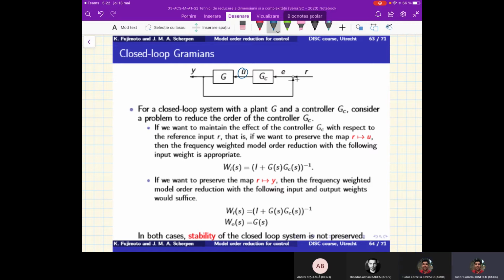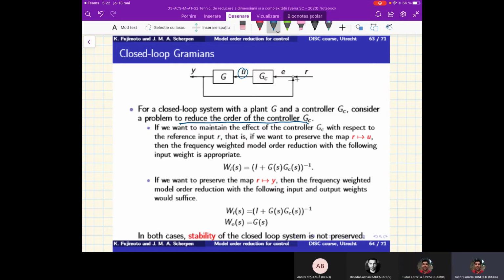For a closed loop system with a plant G and a controller GC, we consider a problem to reduce the order of the controller GC. This is the main purpose of controller reduction.